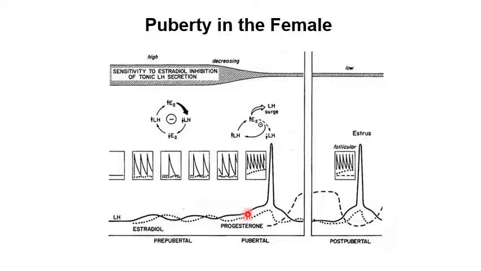At puberty, as you can see here, there is a decreasing negative feedback of E2 on LH so that there is a pre-ovulatory LH surge. There is also an increase in estradiol at this point. This is very important for ovulation to occur.